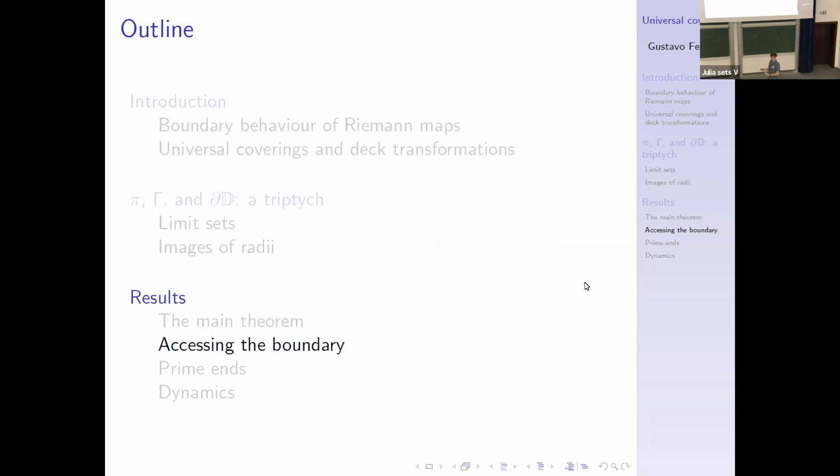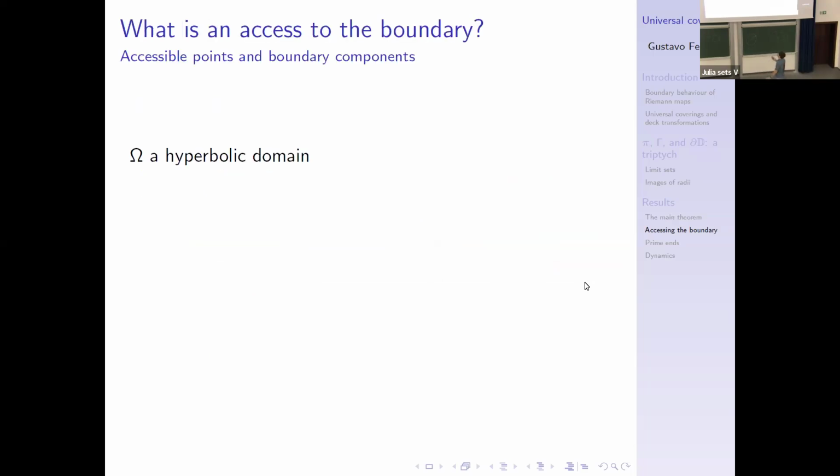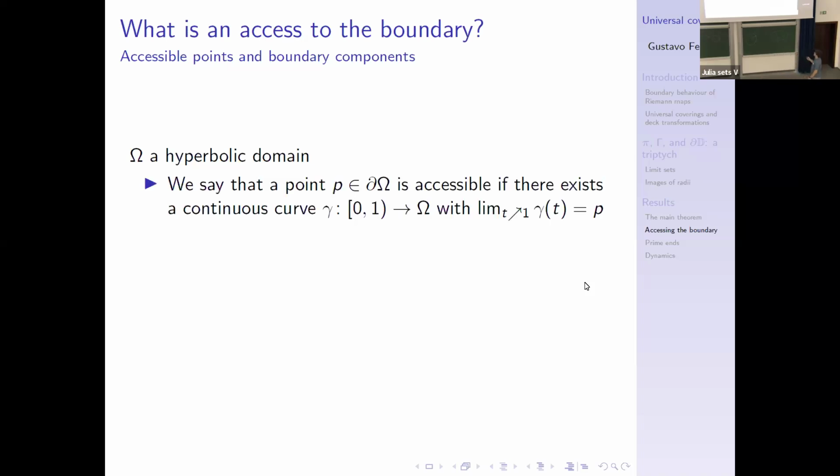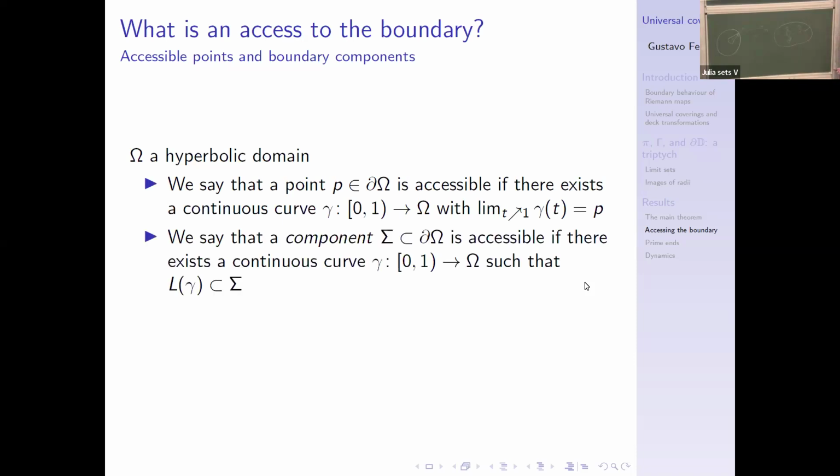So now let's talk about accesses to the boundary. How am I going to get to a point on the boundary of my domain? We say that a point on the boundary is accessible if I can find some curve in my domain that lands there, so that the limit is exactly this point. But since I have a lot of boundary components, I can say that a component of the boundary is accessible if there exists some continuous curve in my domain such that the landing set belongs to sigma.